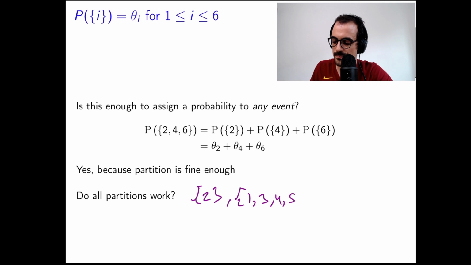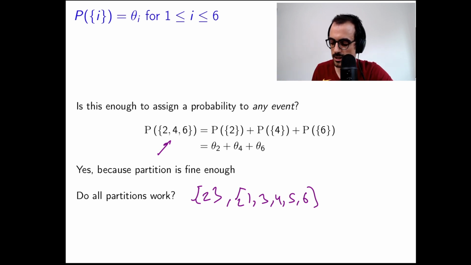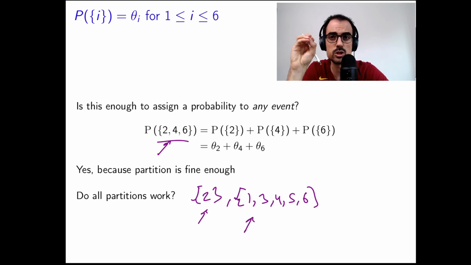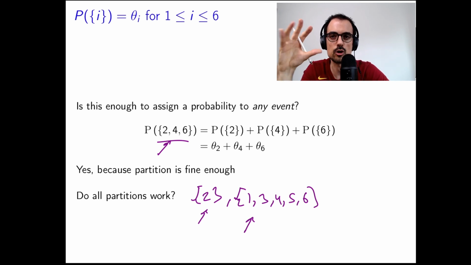This is a partition, but now how do I express this particular event in terms of this partition? I cannot. Okay, so this actually has worked out because we chose the most granular partition that we could with respect to the collection that we were interested in.